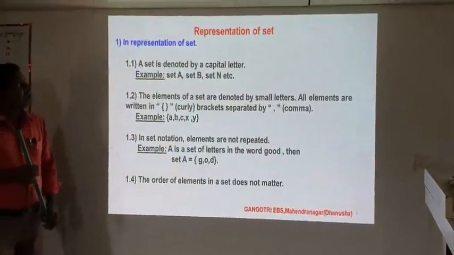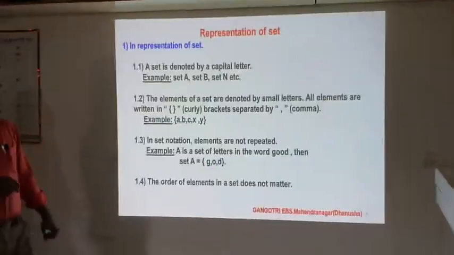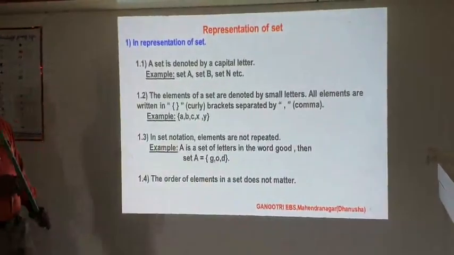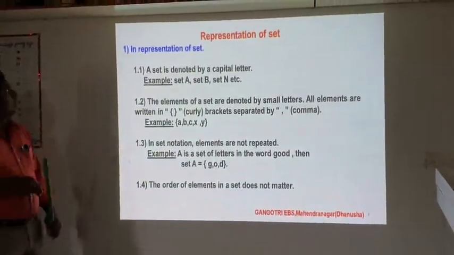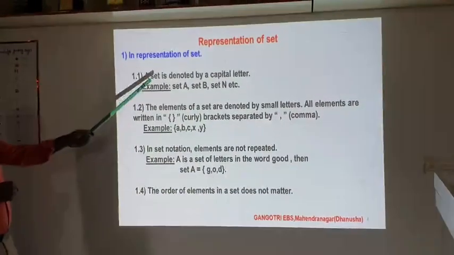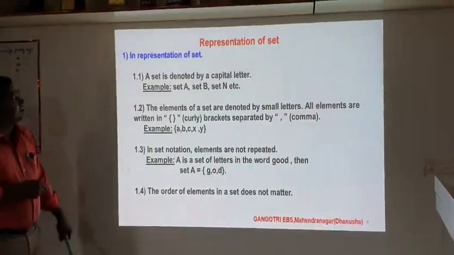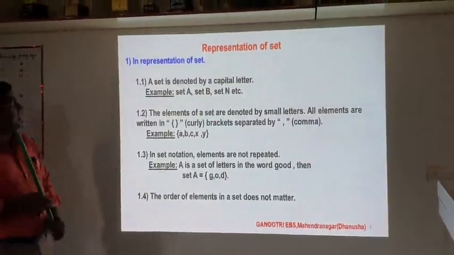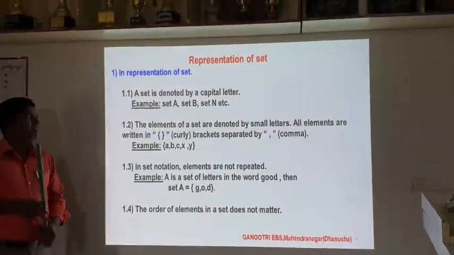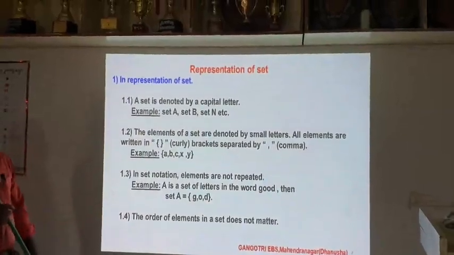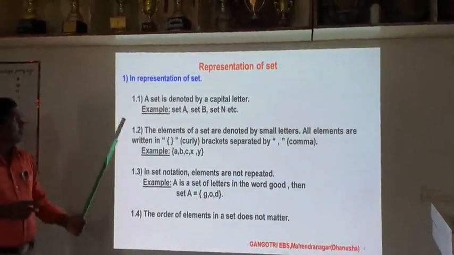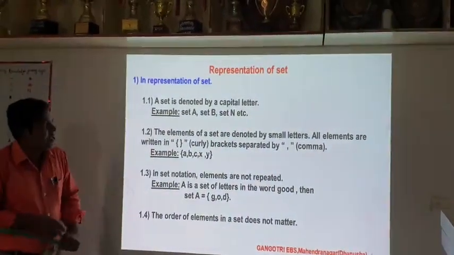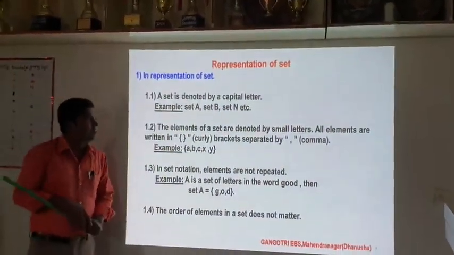Now we discuss how we can represent a set, or what is the representation of a set. We see here a set is denoted by a capital letter. For example, set A, set B, set N, etc. Then the elements of the set are denoted by small letters.